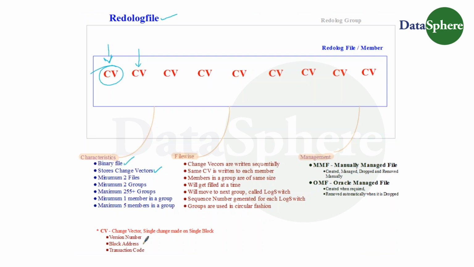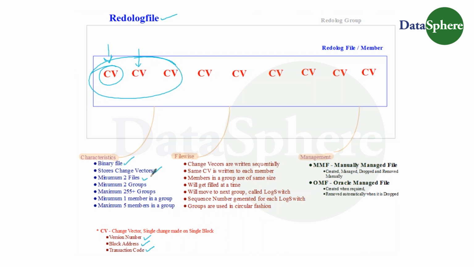It contains the version number of the block which it is changing, the block address, and a transaction code. It maintains which particular block the change is happening to, and these are grouped also. A group of change vectors will be written, and this group will be applied as it is. There is no need to apply it in the form of SQL; it can be applied in the form of change vectors themselves whenever there is a failure.